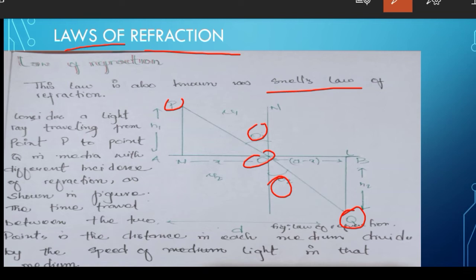It has a distance d, and here x is from M to O and d minus x from O to P, and it has heights h1 and h2. Now we will derive it.